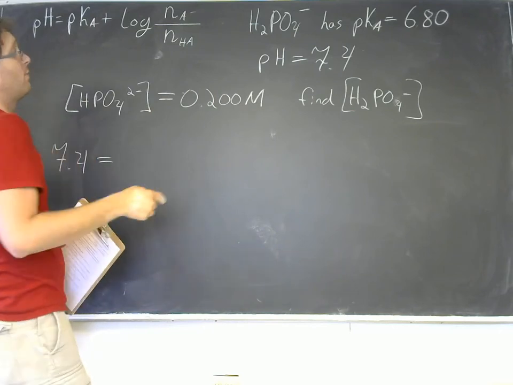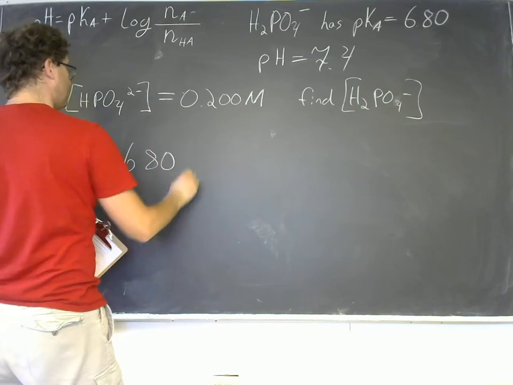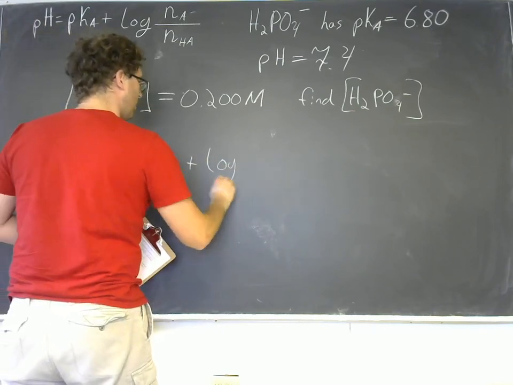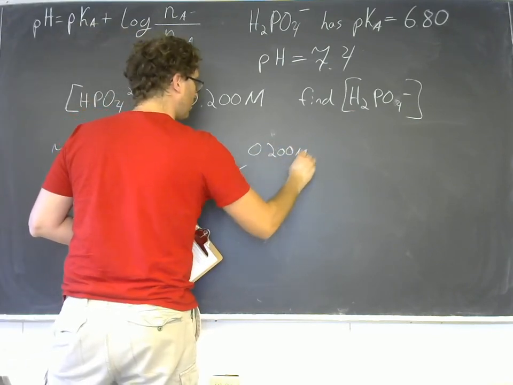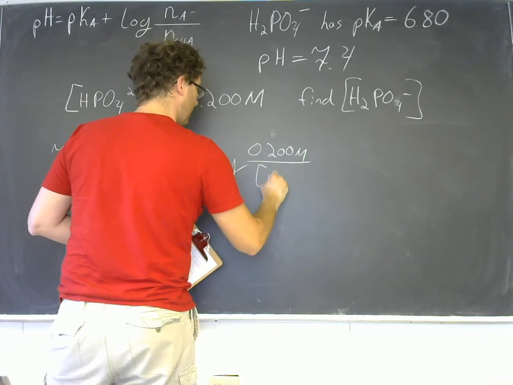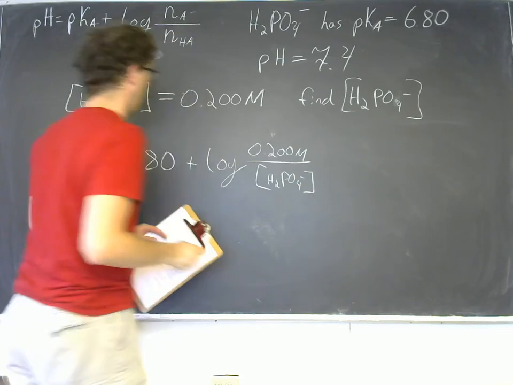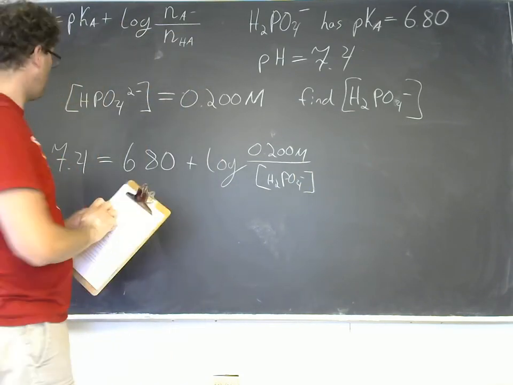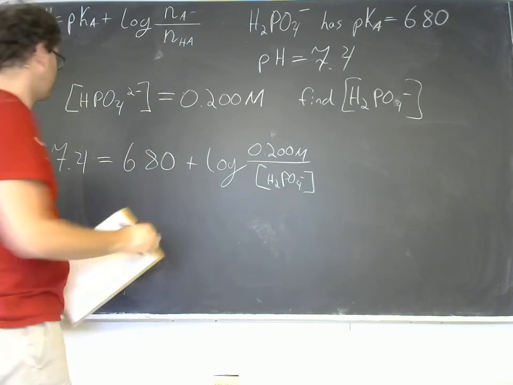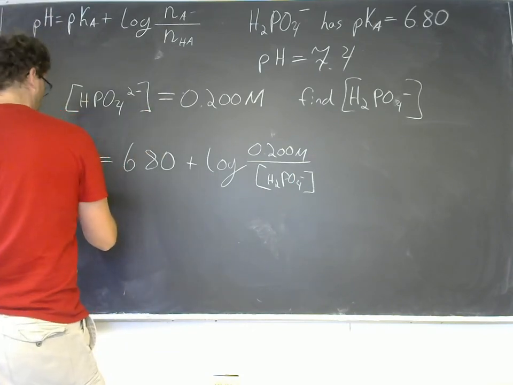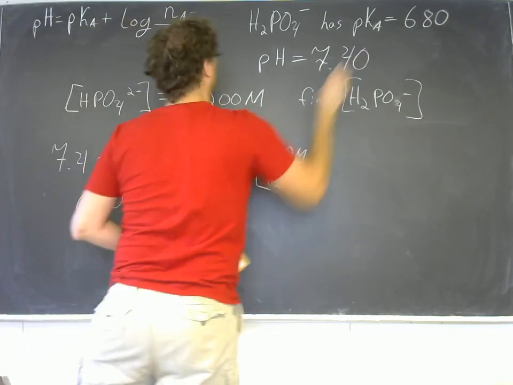That's going to equal the dihydrogen phosphate pKa of 6.80 plus the log of our base concentration, 0.200 molar, over our acid concentration. Okay, now we can solve this by taking 7.4 and subtracting 6.8. That's going to be 0.60. I'll put an extra sig fig on there.